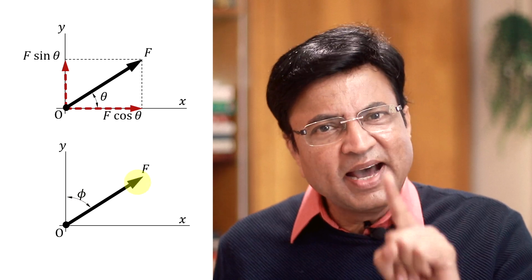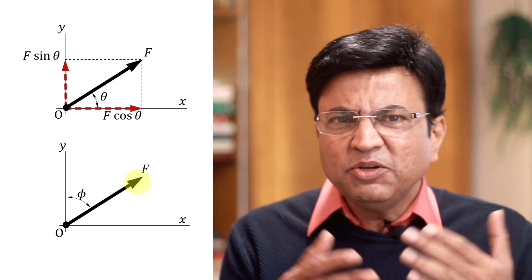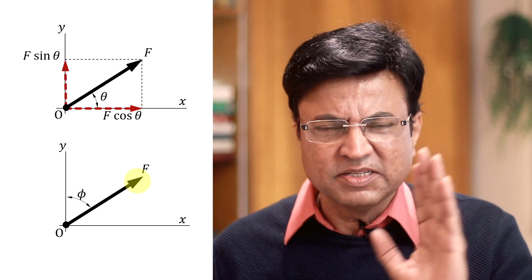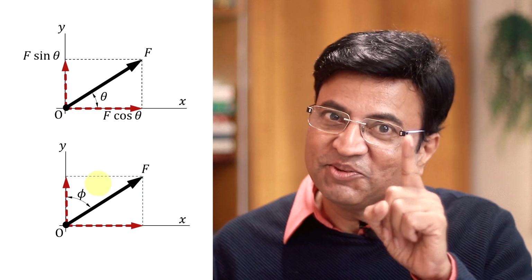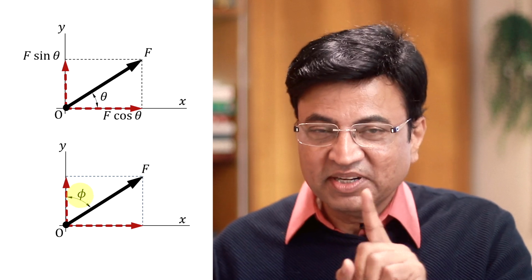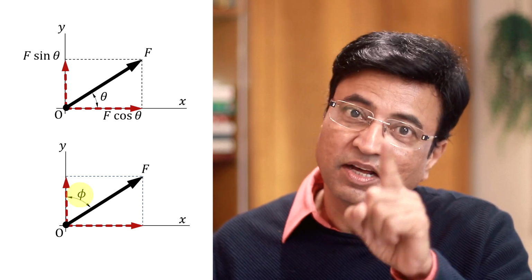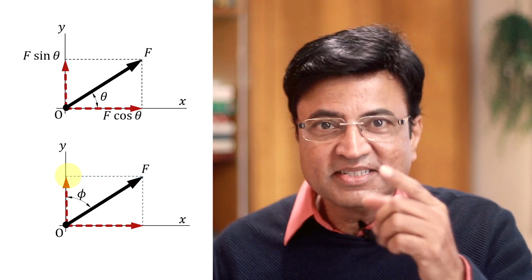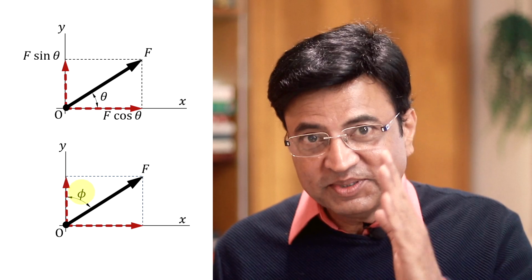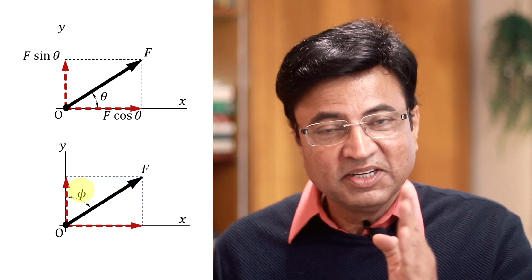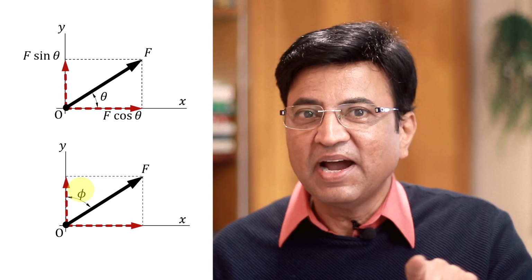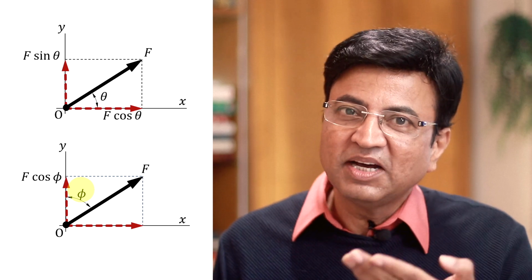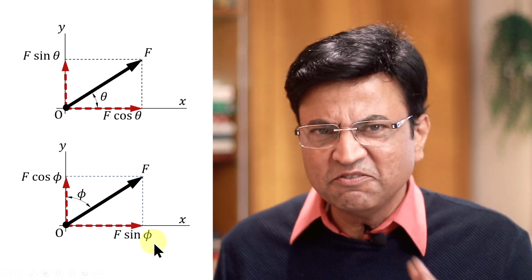So to define the direction of a force, we may use the angle of the force with the y-axis, no problem at all. But if you are using the angle of the force with the y-axis, then remember, the component of force along the y-axis is the cos component. So in this diagram, the vertical component or component along the y-axis is F cos phi, and the component of force along the x-axis is therefore F sin phi.